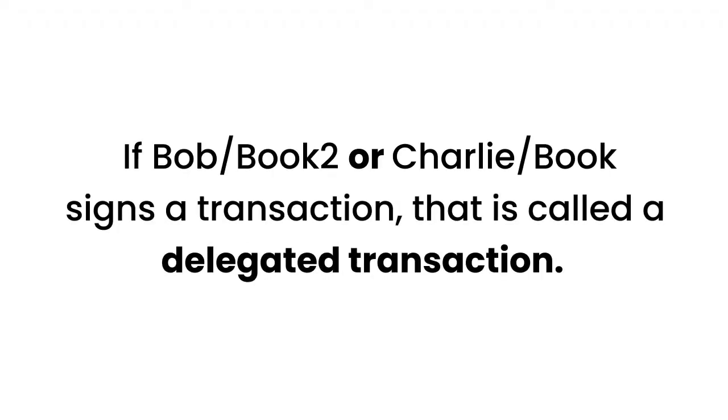In the former case, we have a local delegate because ADI Bob is also the owner of book 2. In the latter case, we have a remote delegate because a different ADI Charlie owns that keybook. If Bob/book2 or Charlie/book signs a transaction, we call that a delegated transaction.